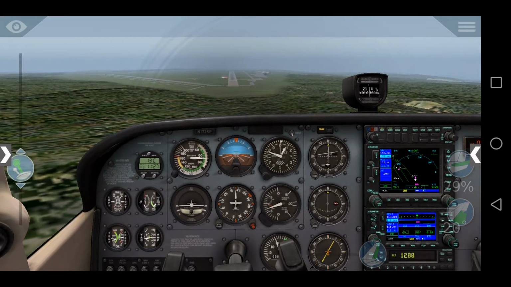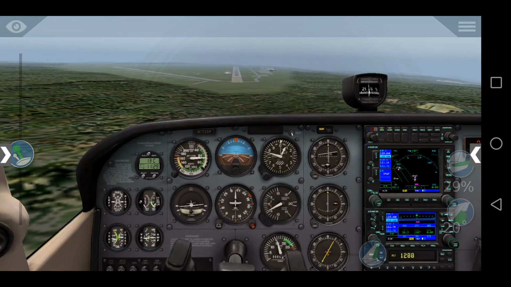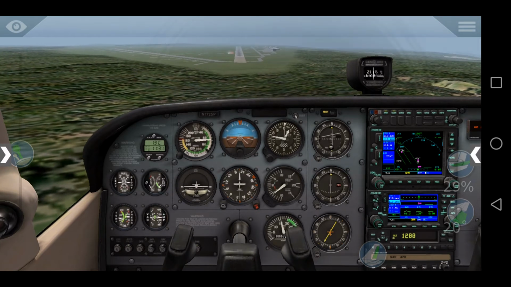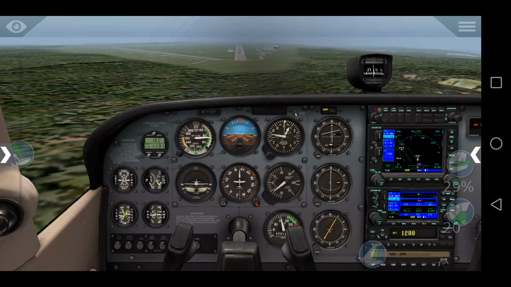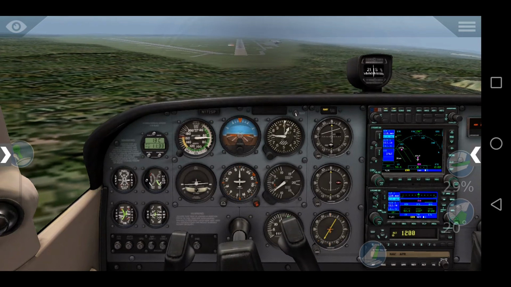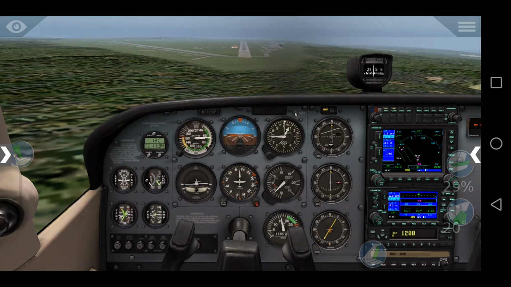Alright, there we go. We'll maintain it there. Yeah, I was saying, so you have to transition to visual flight rules once you get visual of the airport and the runway, and keep it until the aircraft touches down.